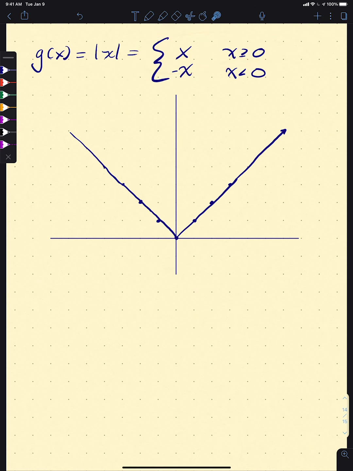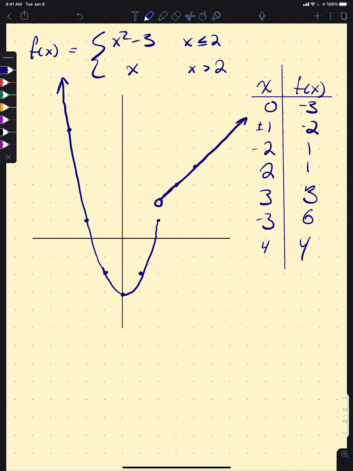This approaches 0 as we move this way, and so does this. So we don't need to draw the circle here because the place that it's approaching is actually where it equals right there.